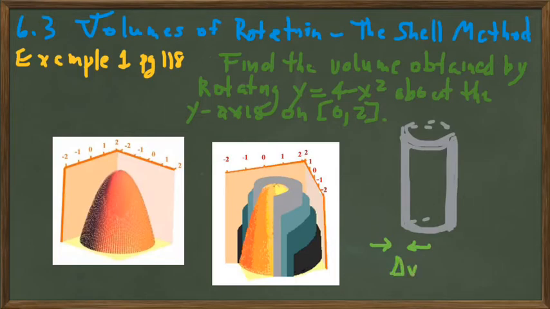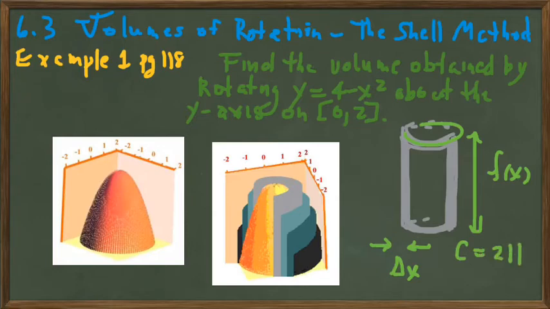It has a height associated with it, which would be the same as the height of the function f of x, and it has a circumference which we're going to determine by the formula 2 pi r. So let's move to the next blackboard to see how to get that circumference and the volume of the shell.